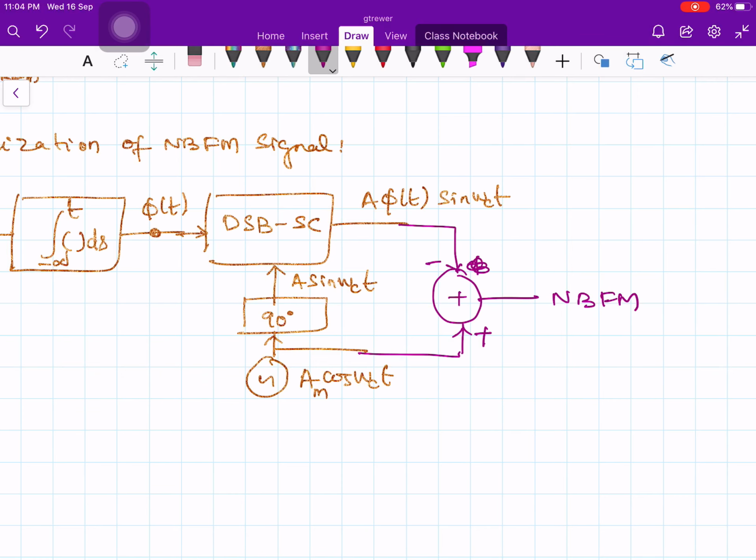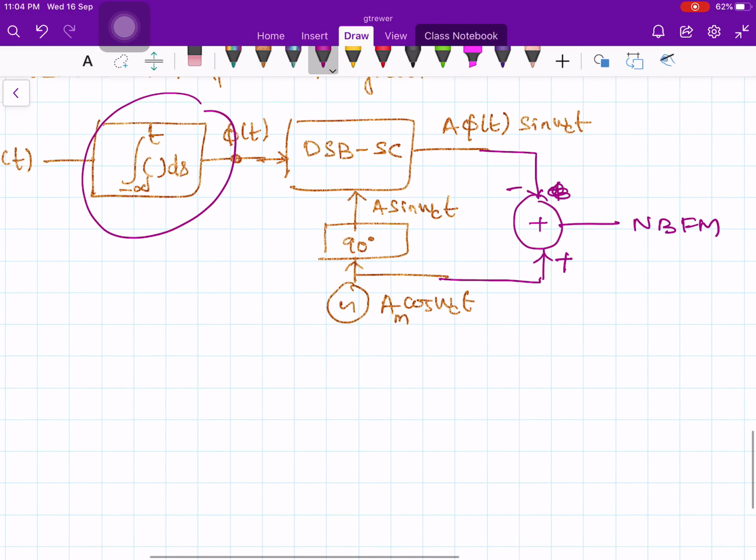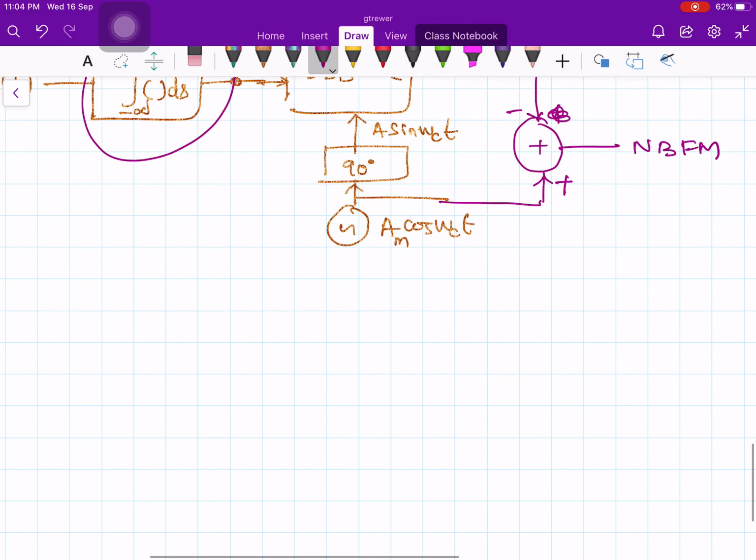So integration is very easy. If you look at here, there is an integration. That integration is very easy to do. Integration and differentiation are things you can easily do using circuits. I am sure you already know that. For example, you can realize approximately an integrator by simple RC elements, right?